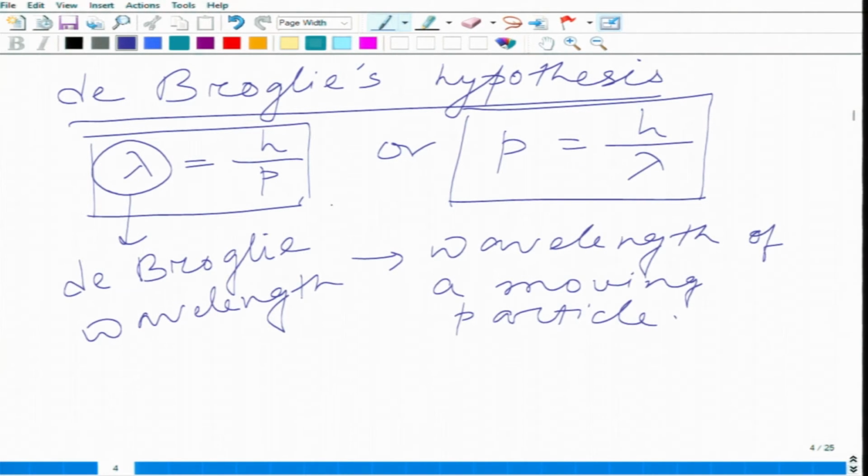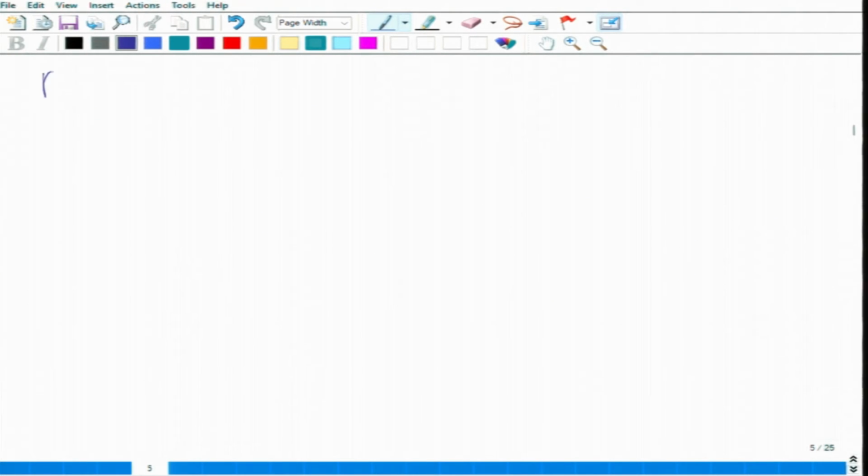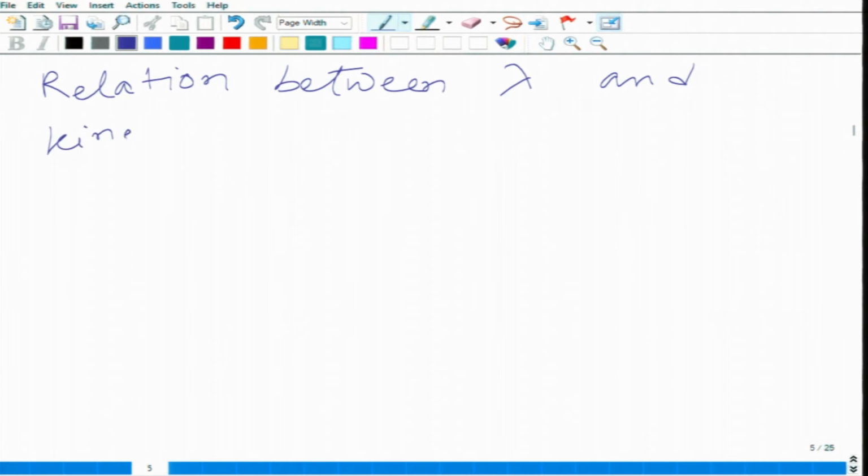Now, from these two relations, we can deduce some other relations also. So, next we will see the relation between De-Broglie wavelength, that is lambda, and kinetic energy.